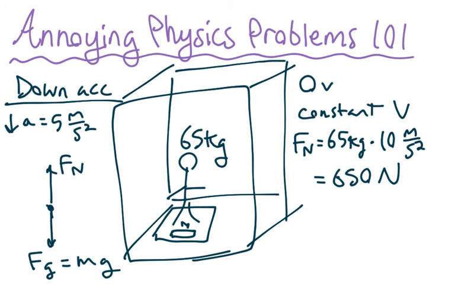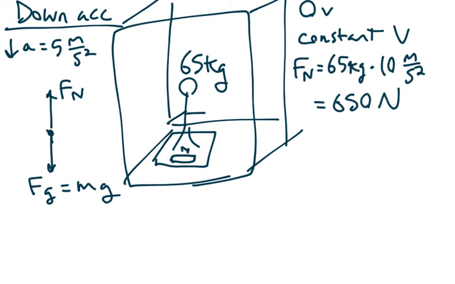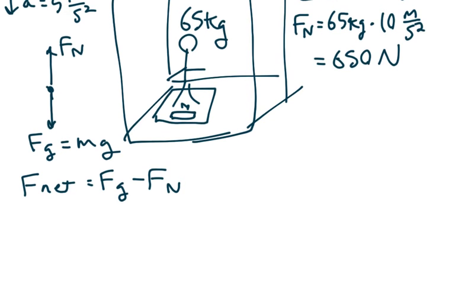They add up to a net force, which is just the total. So the net force is equal to gravity minus the normal force. I'm doing it this way because the net force is downward and gravity is downward, so the difference between gravity and normal force is going to be downward. Positive in this case, I'm just making down.